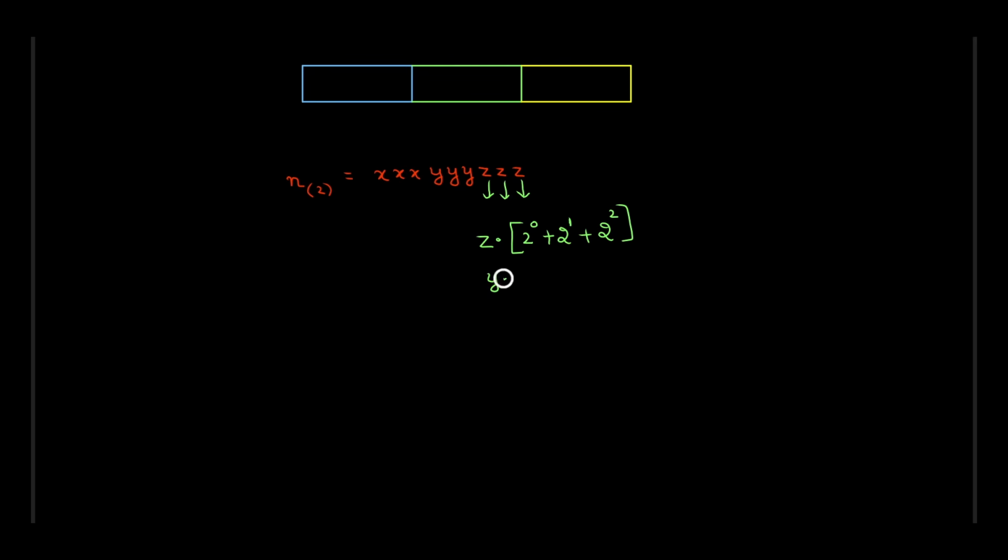It will be y into 2 to the power 3 plus 2 to the power 4 plus 2 to the power 5. And for x, it will be the same, but this time it will start from 2 to the power 6 plus 2 to the power 7 plus 2 to the power 8.